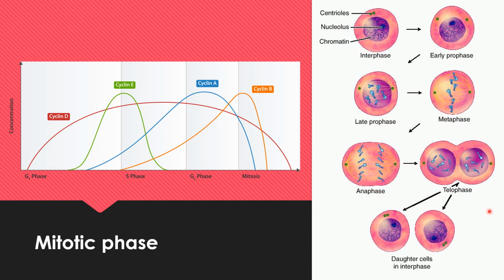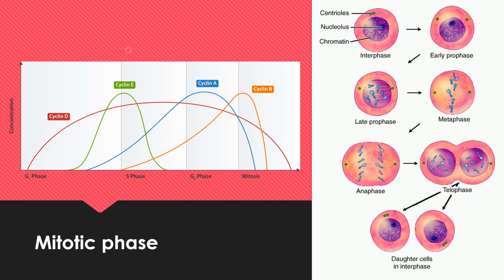And then we have telophase, where the nuclear membranes begin to form around, and those spindle fibers break down, and finally cytokinesis, we have the two daughter cells.